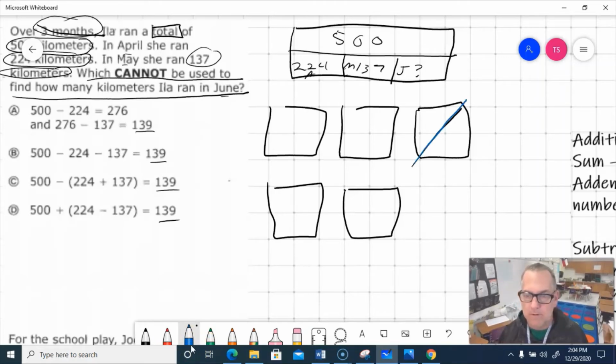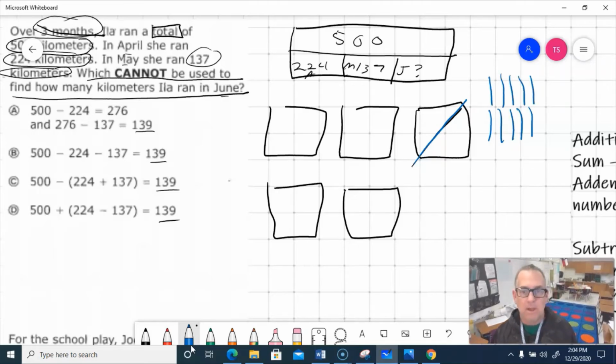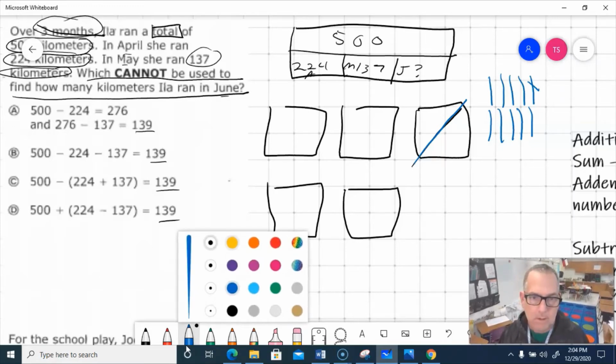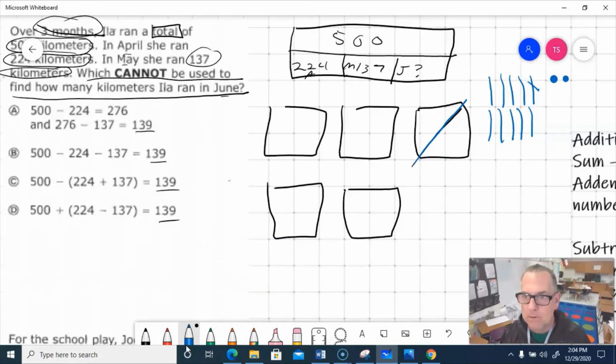I take one of my hundreds, and that gives me 10 tens. 1, 2, 3, 4, 5, 6, 7, 8, 9, 10. But I still don't have anything in the ones place, so I'm going to take one of my tens. That gives me 10 ones. 1, 2, 3, 4, 5, 6, 7, 8, 9, 10.